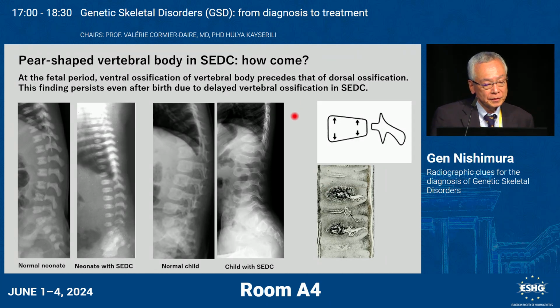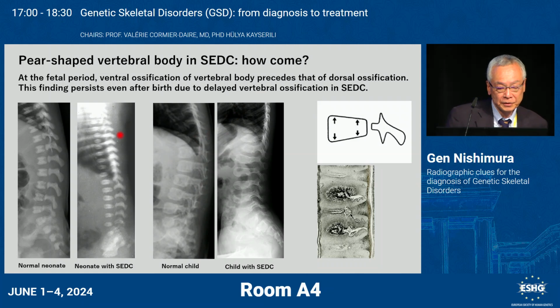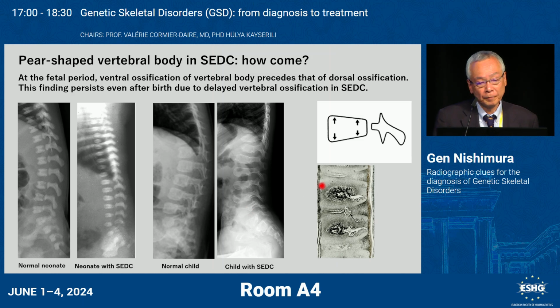As compared with the normal infant and child, you can see pear-shaped vertebral bodies in SEDC. That is because, in the fetal period, ventral ossification of vertebral bodies precedes that of dorsal ossification. So this finding persists even after birth due to delayed vertebral ossification in SEDC.